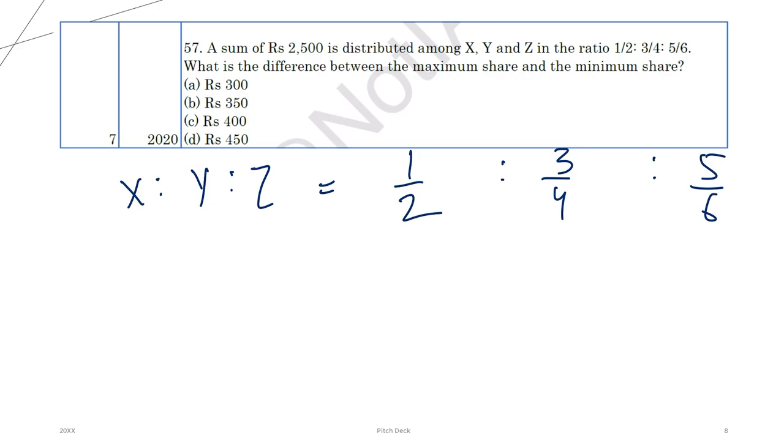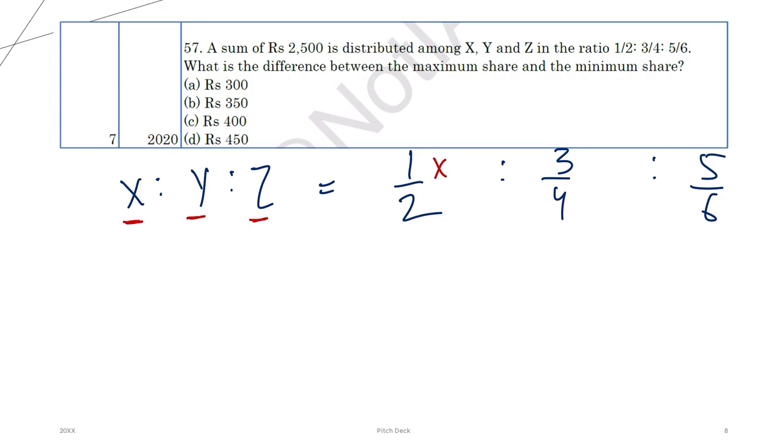Now this is very difficult to understand, 1 by 2 ratio 3 by 4 ratio 5 by 6. There is one way to simplify it by using property number 1, that multiplying each quantity by any quantity does not change the ratio.